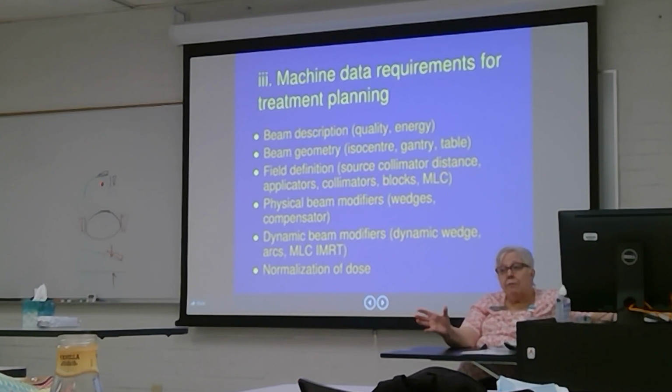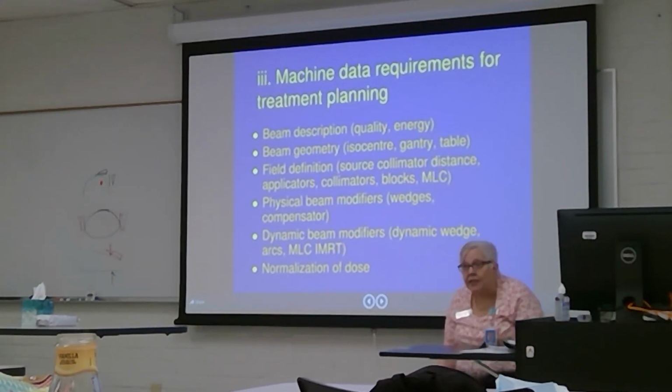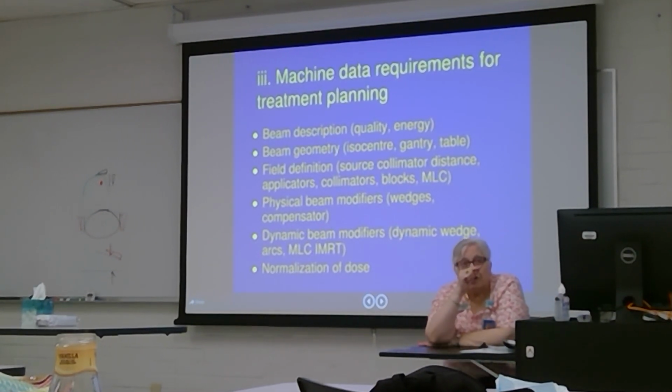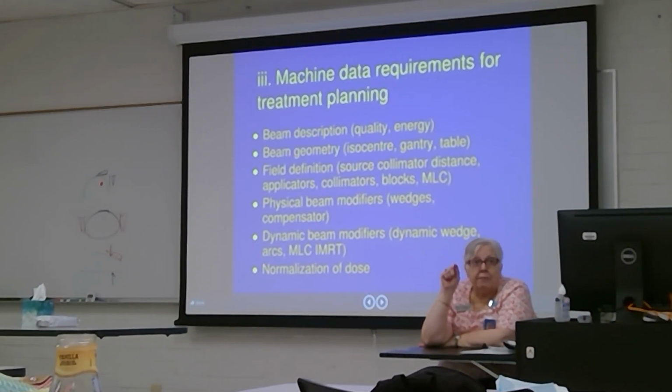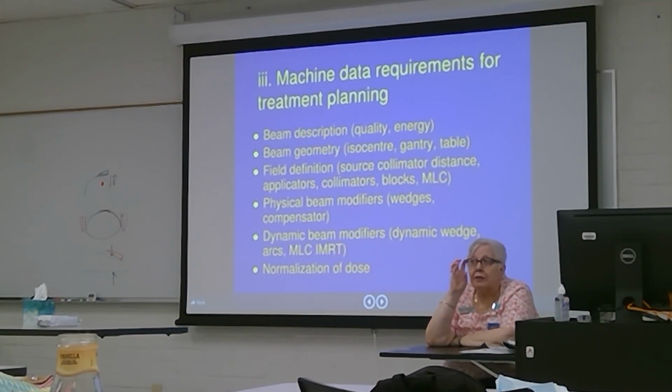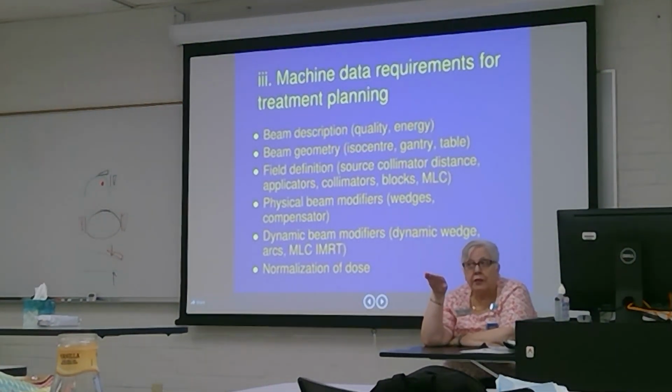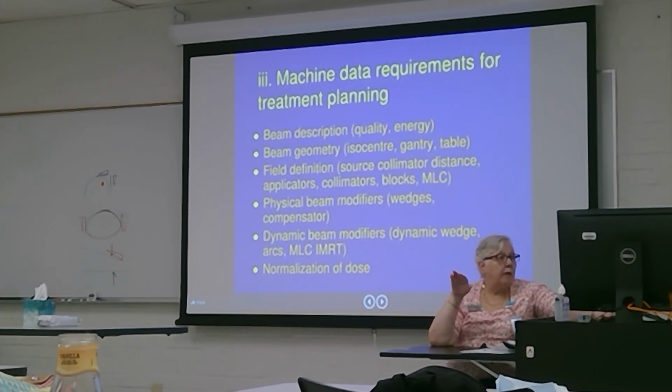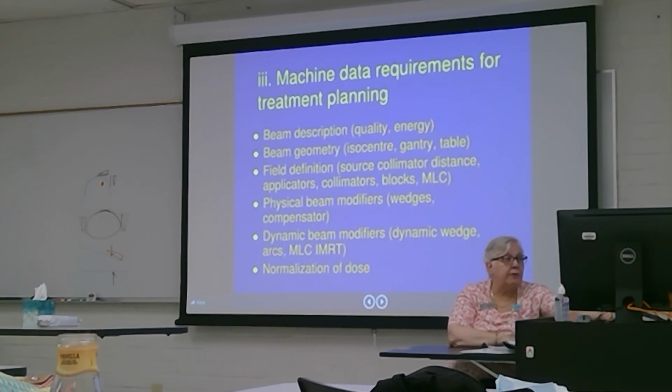When you're doing a CT and you see the slices coming from CT, you'll notice that the table is always in the image, because dosimetry, to do a plan, needs to know where the table is, so that they can tell where the posterior edge of the field is. And what gantry angles you need, but that's usually done in dosimetry itself. So field definition: source, the collimator distance, the applicators, the collimators, the blocks, the MLC.